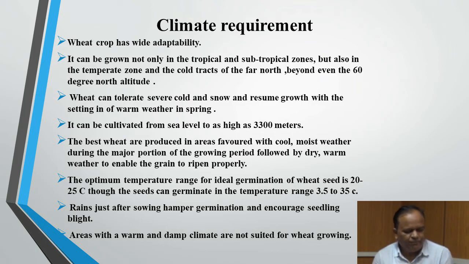When the mean temperature ranges in between 20 to 25 degrees Celsius, then we should sow the seeds. All the seeds can be germinated from 3.5 degrees Celsius to 35 degrees Celsius.